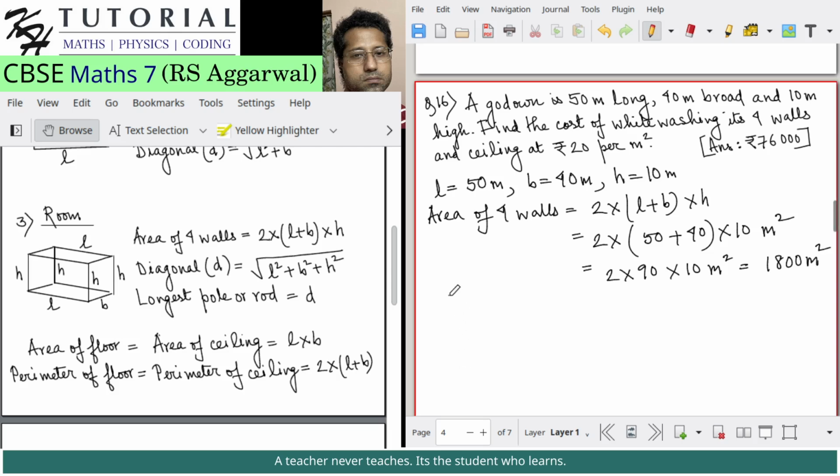Now we have to find the area of the ceiling. Remember that the area of the ceiling and floor is the same, that is length into breadth.